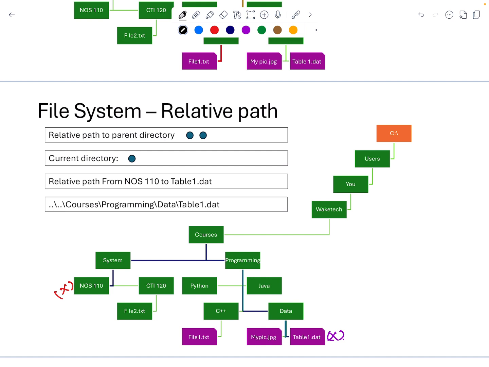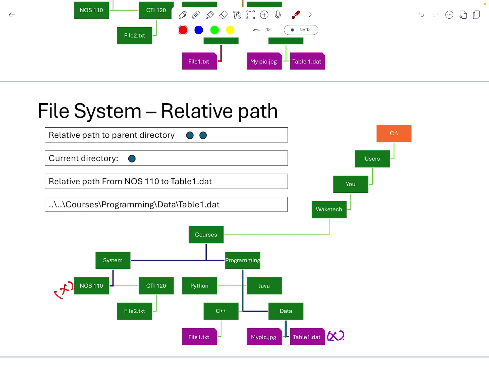You need to first reach a common parent. From there, you need to navigate yourself. In this case, NAS110's parent directory is system, whereas table1.dat is in the lineage of programming, so system and programming are siblings. We need to find a common parent here.